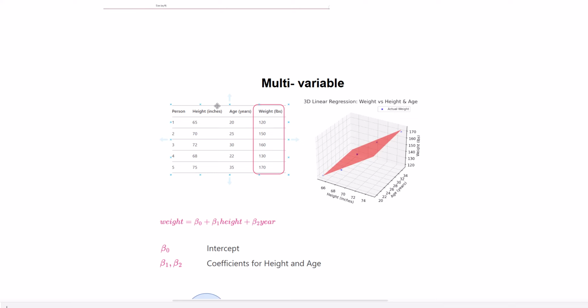So I have here the data set with two variables. The person column is just an index, so you need to ignore it. And here I have height and age, and the predicted or the optimal weight is 120. This is for the first person here, and this is for the second one, the third one, and the fourth one.